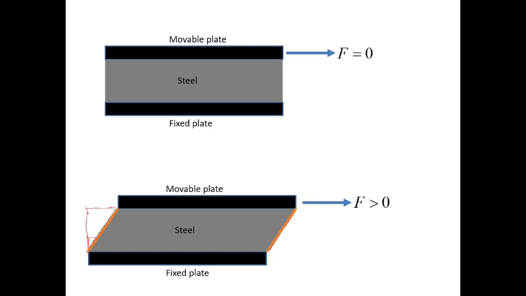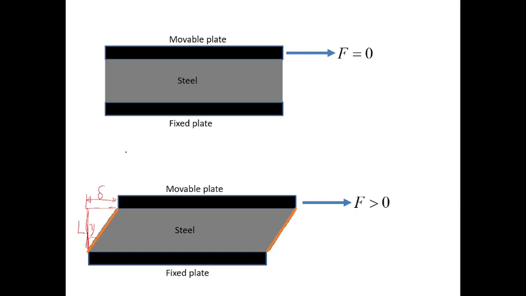This is the deformation of the object, and we consider this as the length L. We have an angle here, which we call angle gamma.